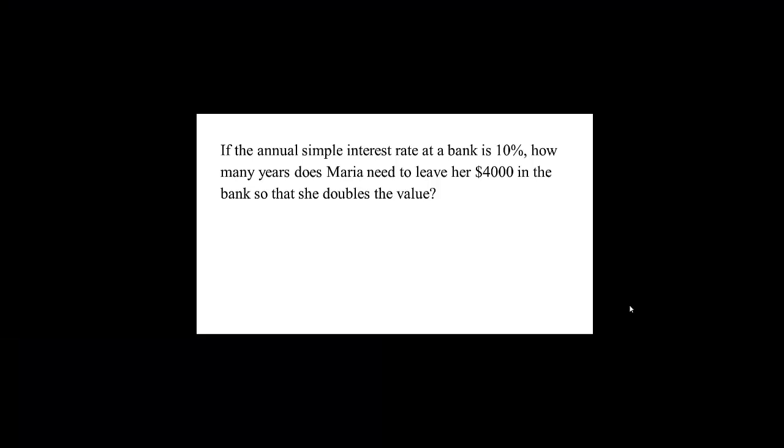Let's look at the question. If the annual simple interest rate at a bank is 10%, how many years does Maria need to leave her $4,000 in the bank so that she doubles the value?